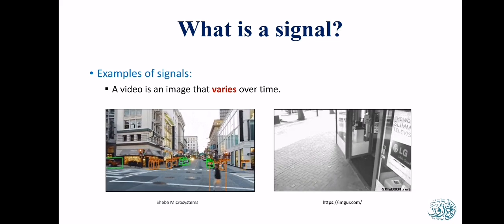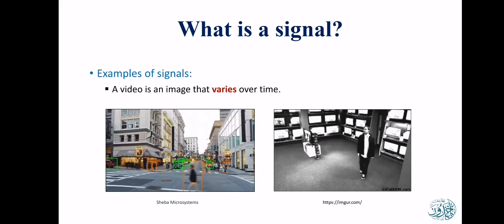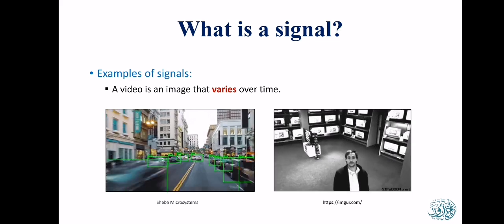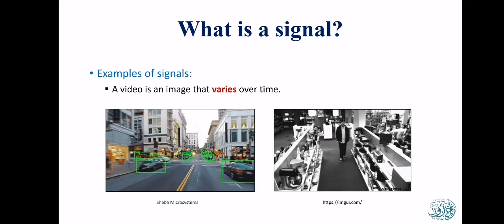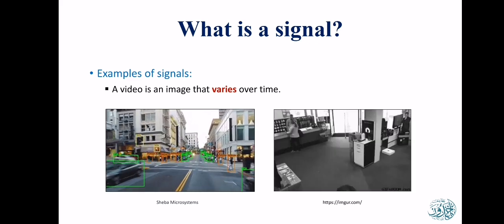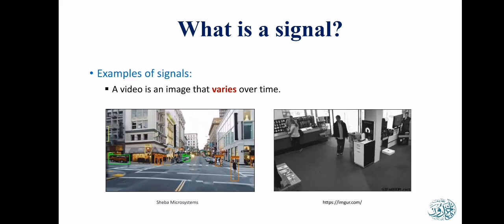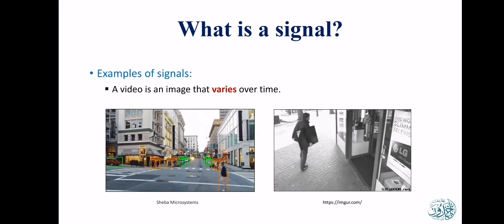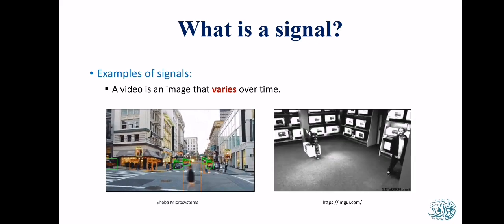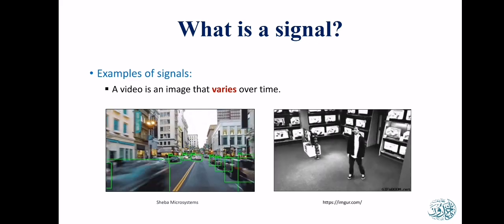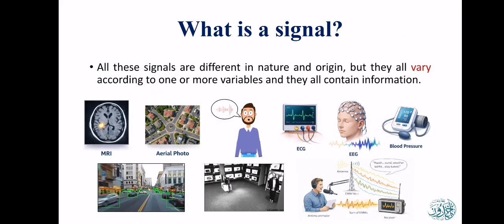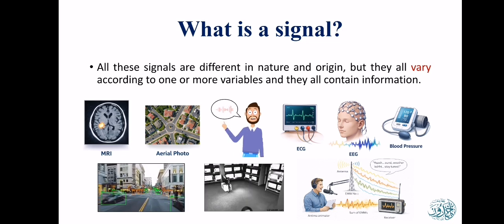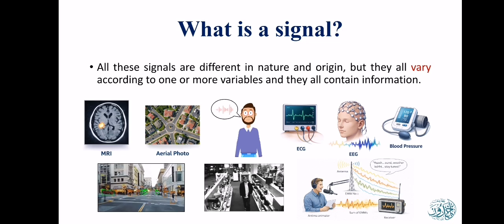Videos, for example, from surveillance cameras or self-driving car systems, can reveal the presence of danger. They may detect motion, obstacles, suspicious behavior, or any sudden changes in the environment. So once again, they carry information and they vary over multiple variables. So from all these examples, we have signals of different natures, from different origins.